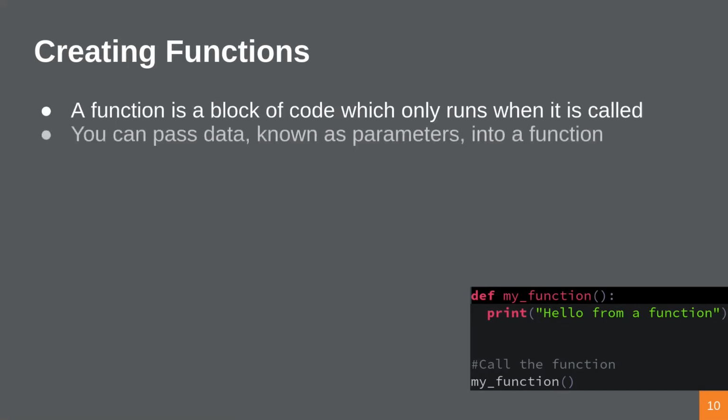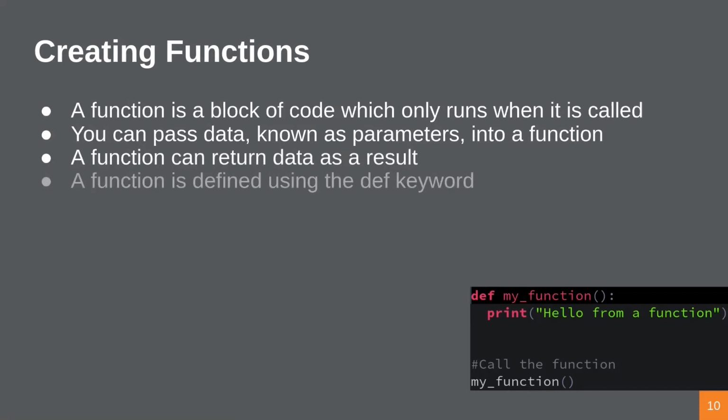You can pass data to a function, and that data is known as parameters. Okay, actually known as arguments, really. Arguments, parameters. A function can return data as a result. A function is defined using the def keyword, and here's an example of a function.